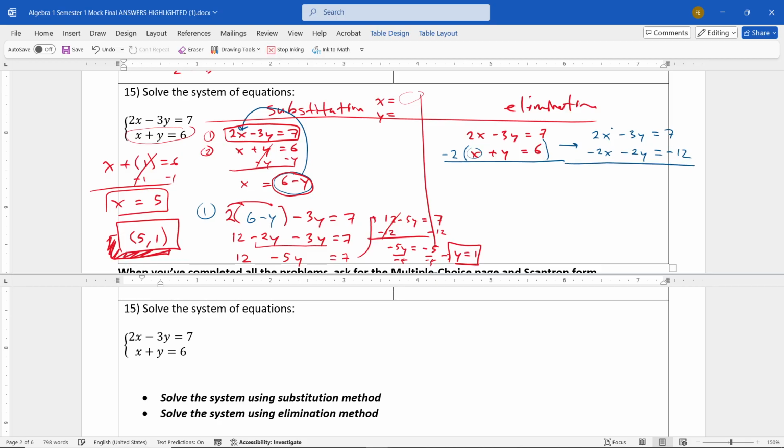So now if you add the equations vertically, the x's cancel out. Negative 3y minus 2y is negative 5y. 7 minus 12 is negative 5. And we get the same thing as we had before. So y equals 1. Plug that back into either equation and you're going to get an x of 5. And you get the same solution as before. So that's the elimination method.